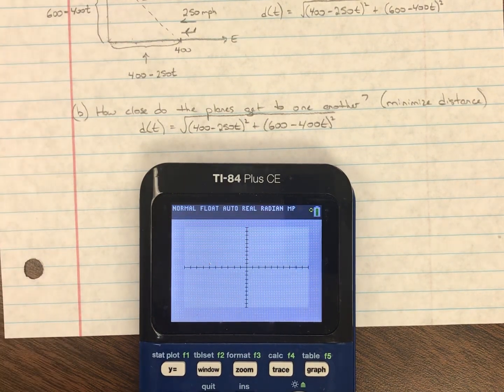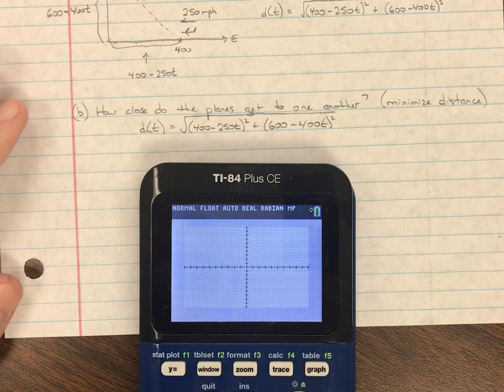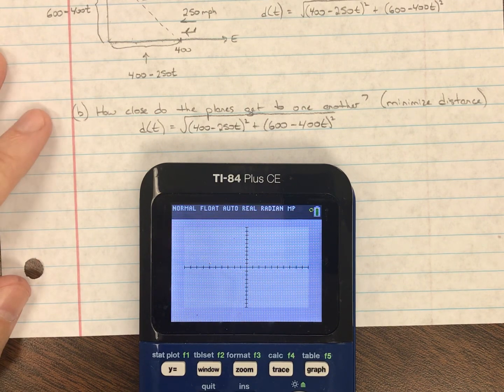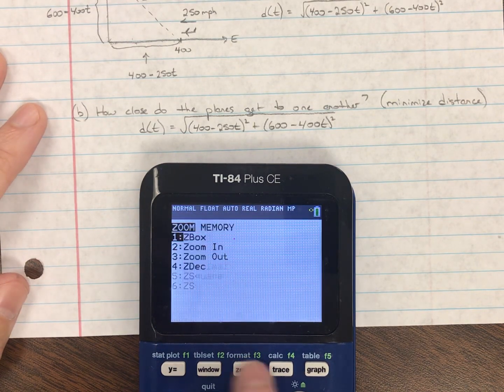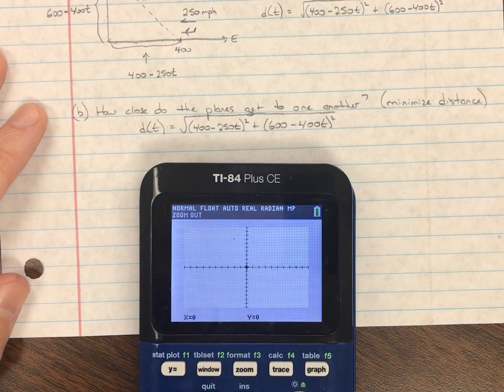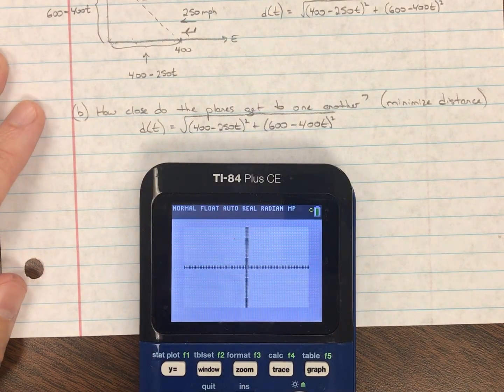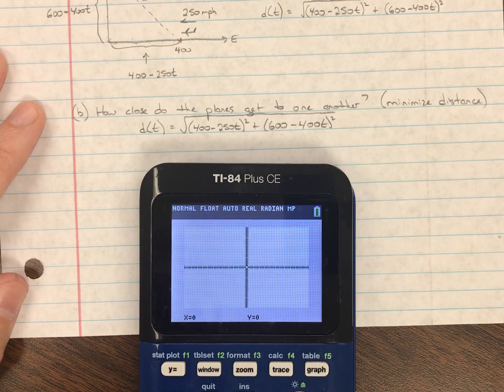Let's see what my graph tells me about the distance. I'm not seeing much from 10 to negative 10. Obviously they don't get that close. Let's zoom out and see what happens here. Didn't see anything.